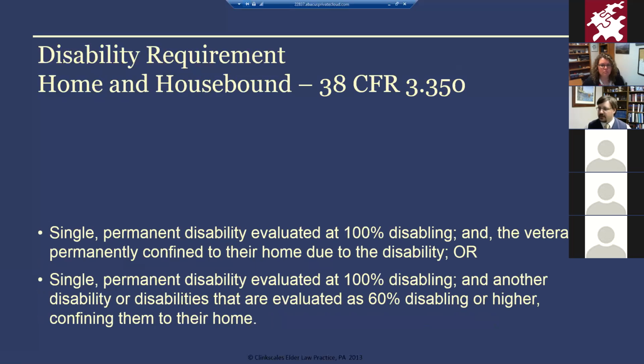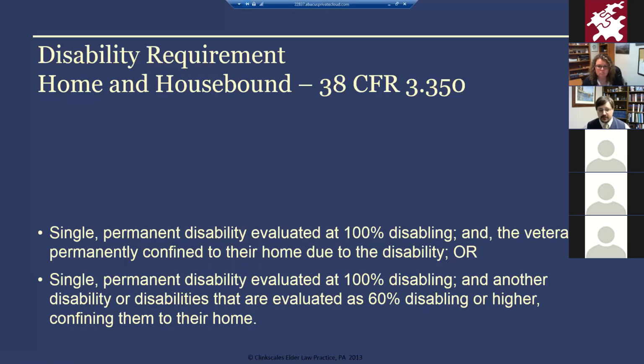So the disability requirement for the home and housebound, as I mentioned, is a little bit higher, again, because the idea is that those medical expenses are higher, and that they're going to need more supports to stay at home for as long as possible.